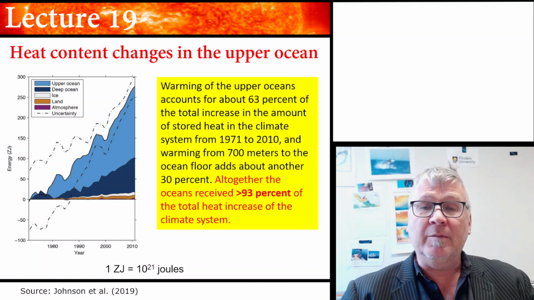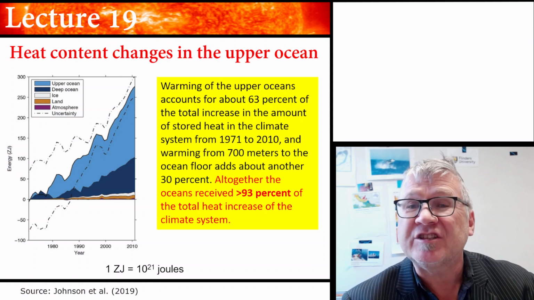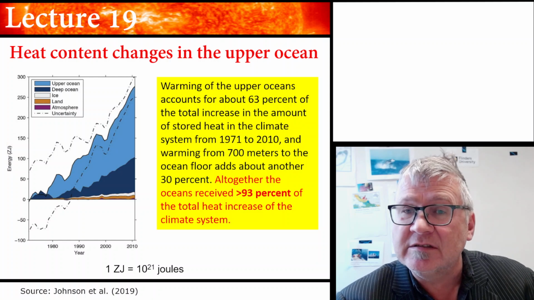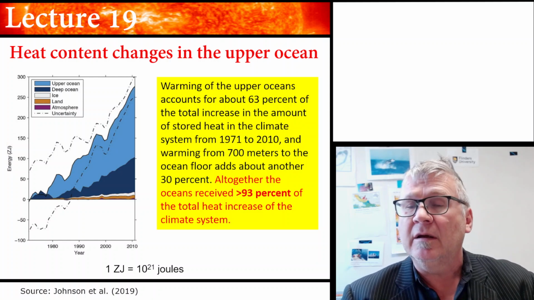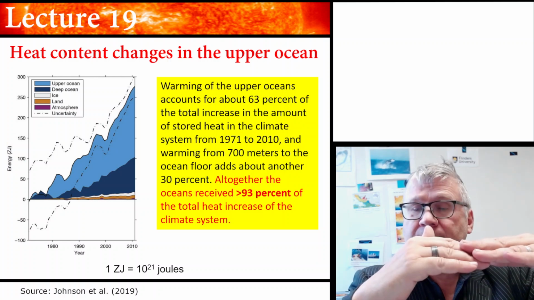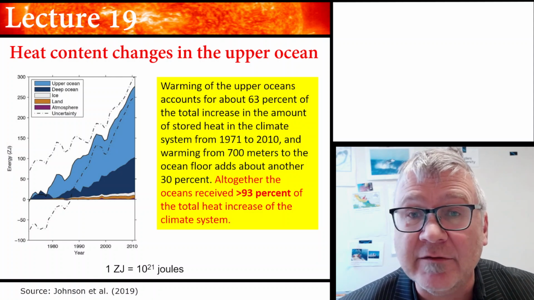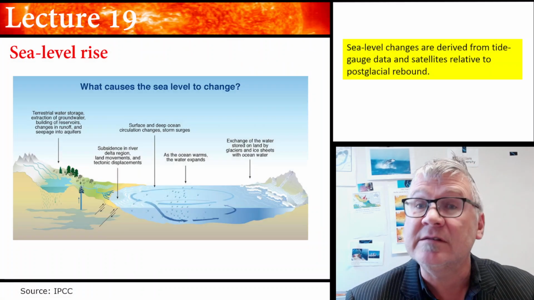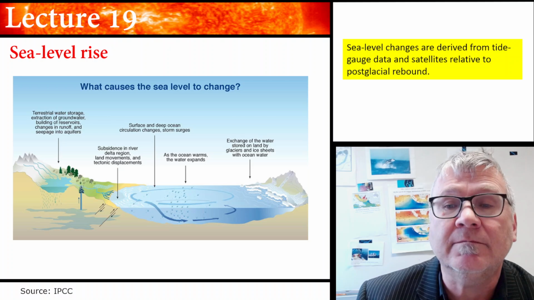And because the oceans can't expand much horizontally because of the continents and the coasts, a little bit but not much, the major expansion is vertical. So this is the link to sea level rise. This is the second point here, the sea level rise.